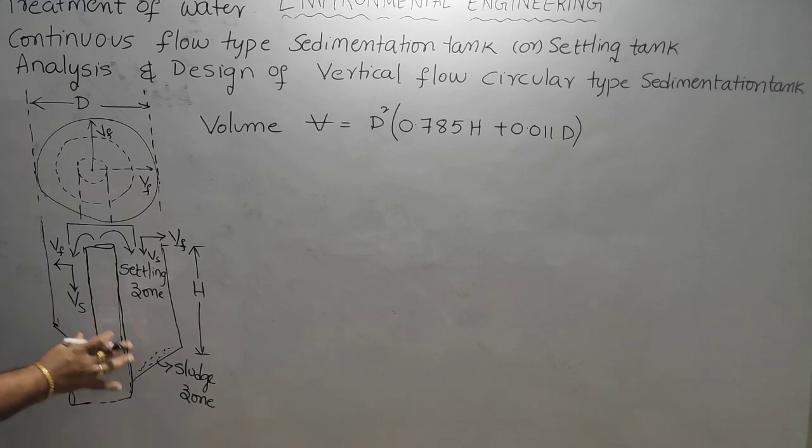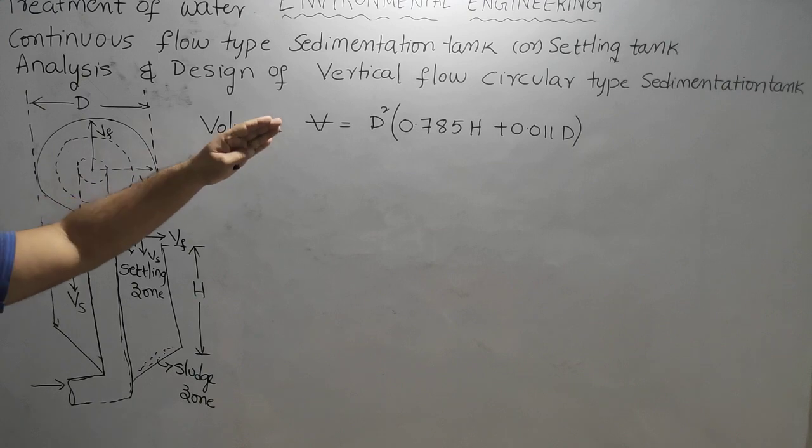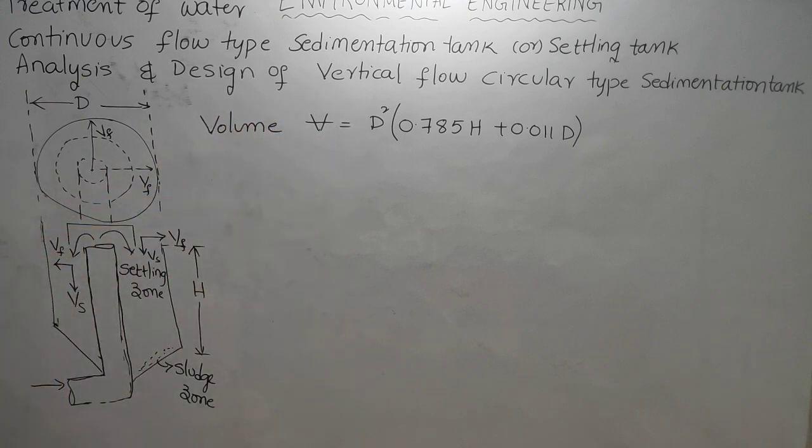So including this sludge zone, this is the volume of the circular sedimentation tank.